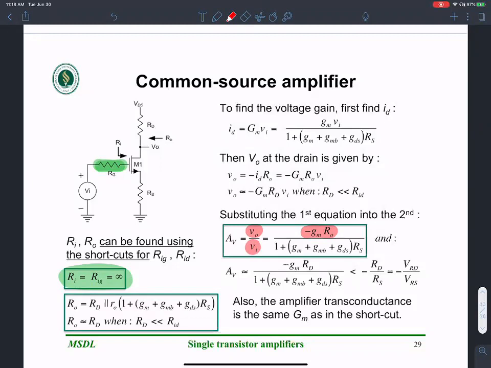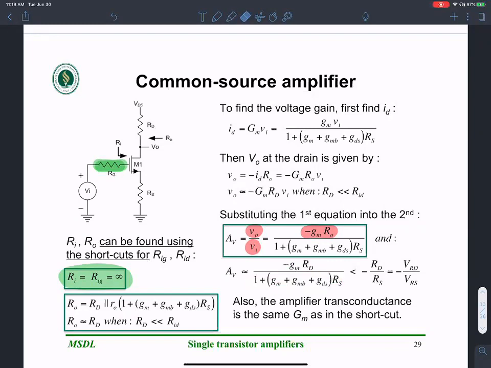V output is nothing but I output times R output. So using Ohm's law and the resistances that we just expressed in terms of algebraic expressions, we should be able to calculate the overall gain. The common source amplifier has gm RD by 1 plus gm plus gmb plus gds times RS.